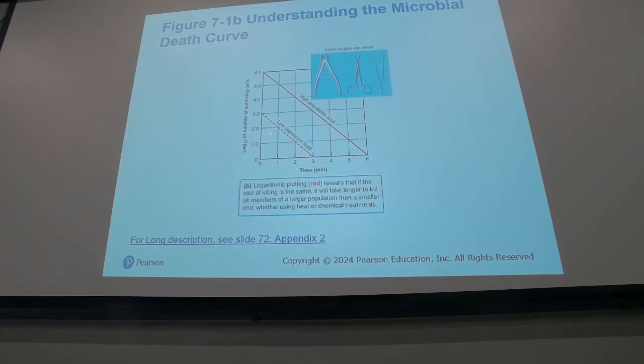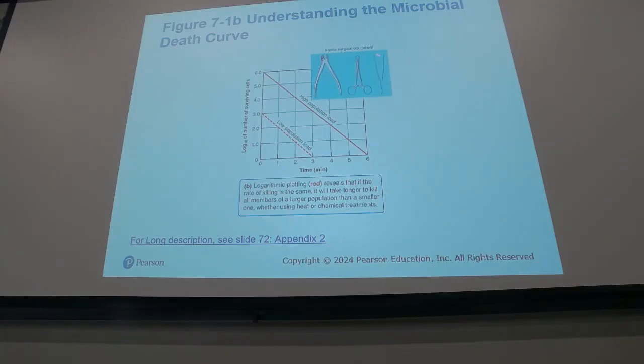So here we have two examples. Same graph, but now we're using the logarithmic scale. We have two population loads, one high population load of microbes, another with low population load.